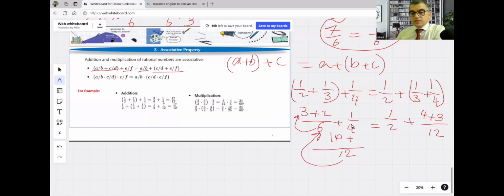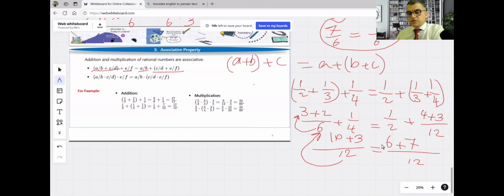And on the right side, we can select 12 as a common denominator. 12 divided by 2 is 6, 6 times 1 is 6, plus 12 divided by 12 is 1, 1 times 7 is 7.